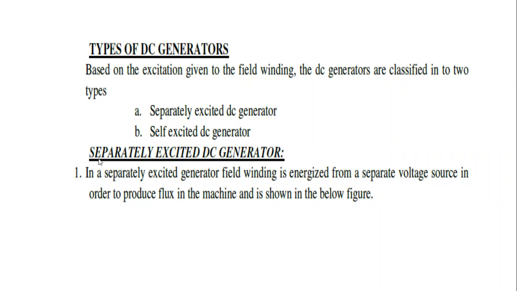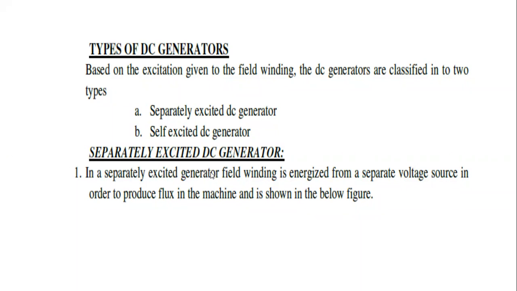First, coming to the separately excited DC generator. In that name we have the word separate. The excitation is given by a separate DC source, and then it is called a separately excited DC generator.